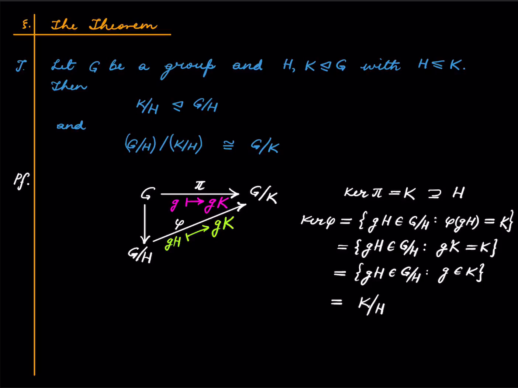Phi is a group homomorphism, of course. Therefore, this implies K mod H is normal in G mod H. So that part is there.